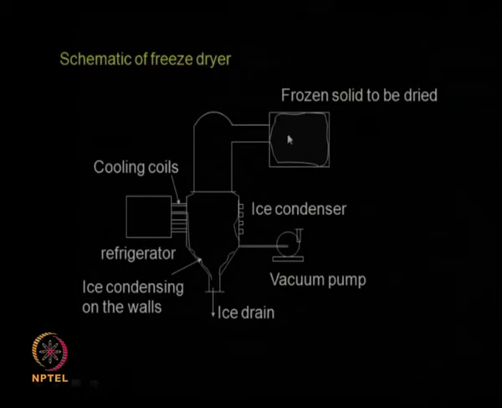The ice becomes vapor, comes down, and condenses here, again forming ice on the wall. This is giving you the required vacuum. So you are applying vacuum here, at the same time the temperature is high enough for the ice to directly go into vapor, which is condensed here and collected here. Here you have a refrigeration system which keeps the temperature of the surface low. This is how a large scale freeze drying unit works.